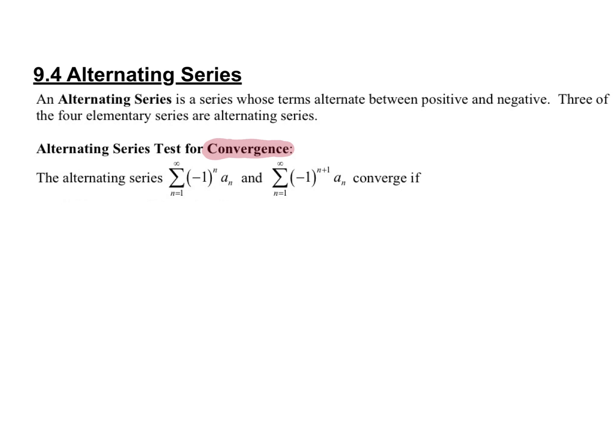Here are the conditions that have to exist in order for you to be able to use the alternating series test. First, the terms have to alternate. And if you choose to use the alternating series test, you've got to state these things. Make sure the conditions exist and state them.